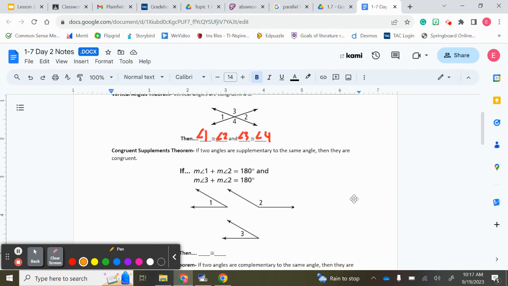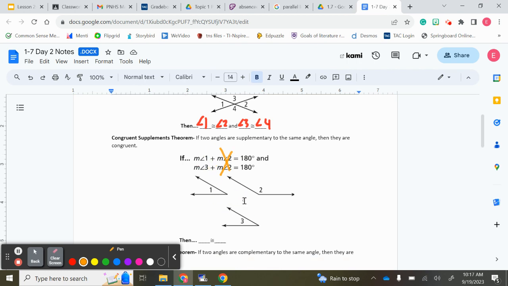Looking at our second one, we're talking about the congruent supplements theorem. If two angles are supplementary to the same angle, then they are congruent. So what they're saying here is that if the measure of angle 1 and the measure of angle 2 equal 180, and then the measure of angle 3 and the measure of angle 2 equal 180, if we just got rid of that, you would see that the measure of angle 1 and the measure of angle 3 end up being equal to each other, okay?